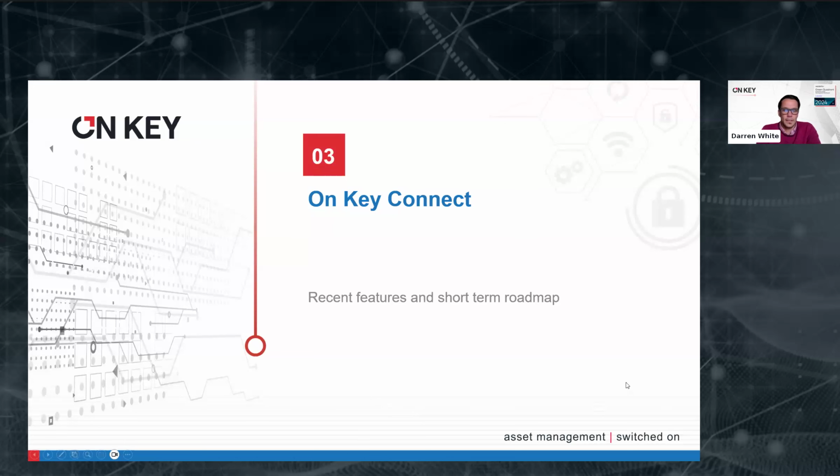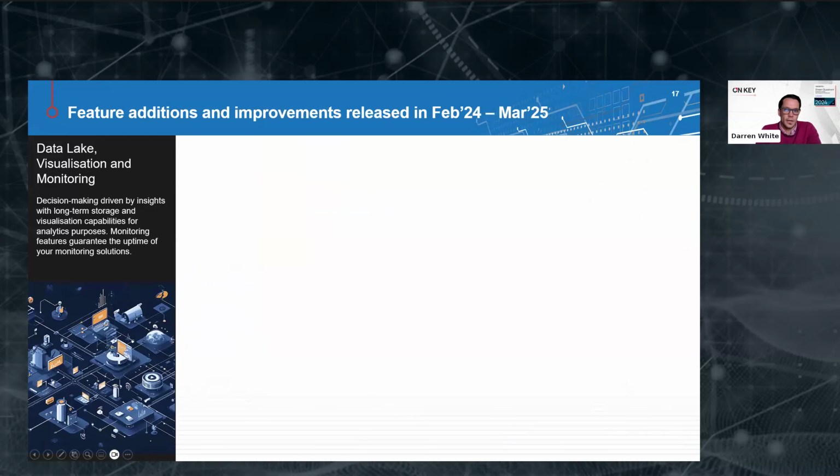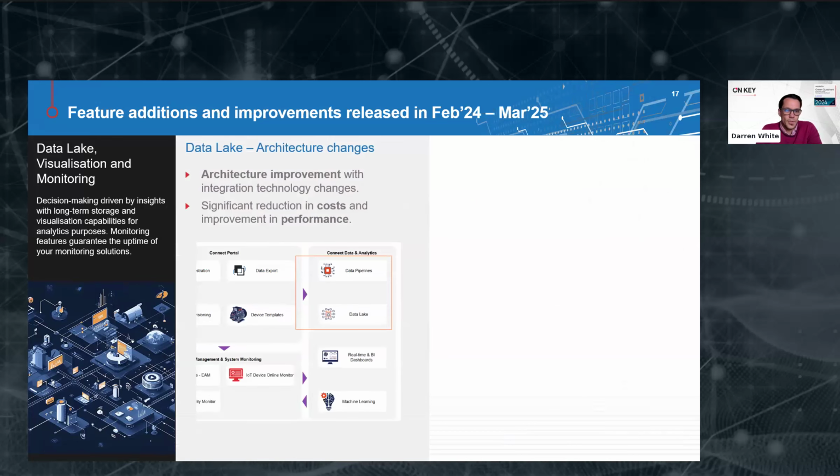So on QNX, this is the technology that includes IoT to support maintenance tactics like conditional or predictive-based maintenance. The first feature I want to highlight is the data lake. We have a data lake to support your analytics or machine learning initiatives, and this is where we store high volumes of IoT data.